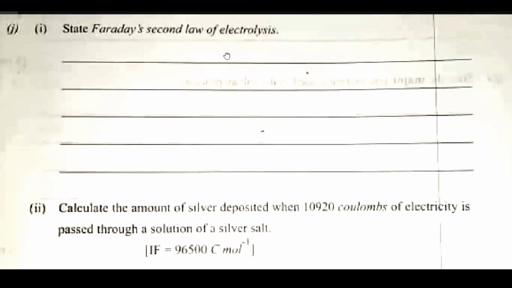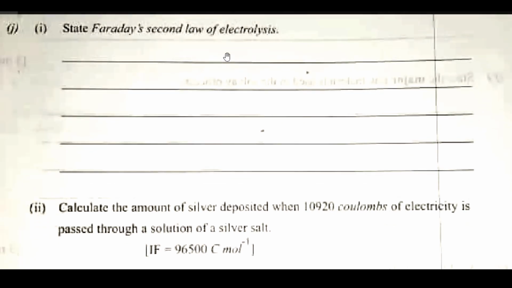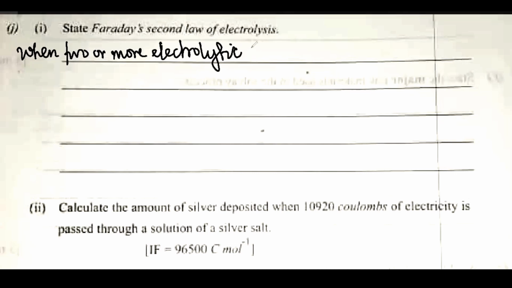So then move to the next question. We are asked to state Faraday's law of electrolysis, right? So what does it state? It states that when 2 or more electrolytic cells are connected in what?